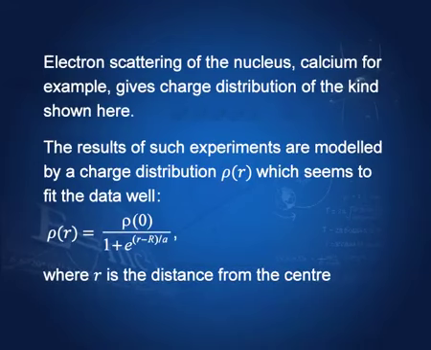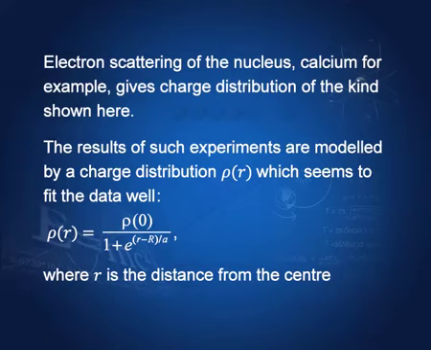Electron scattering off a nucleus, calcium for example, gives a charge distribution of the kind shown here. This is the kind of distribution, and it is modeled by this equation, rho of r is equal to rho 0 by 1 plus e to the power (r minus R) by a, and in this equation capital R is the radius of the nucleus.